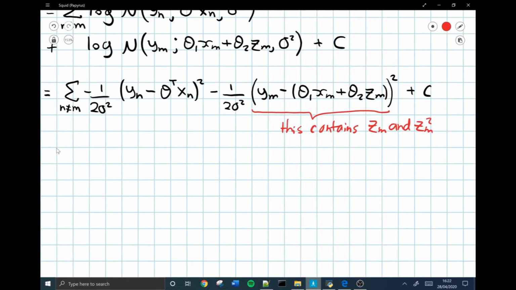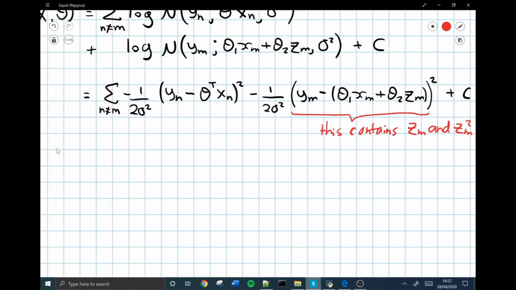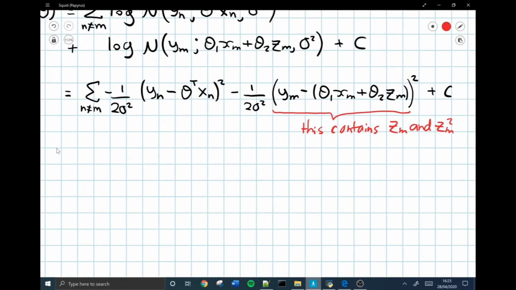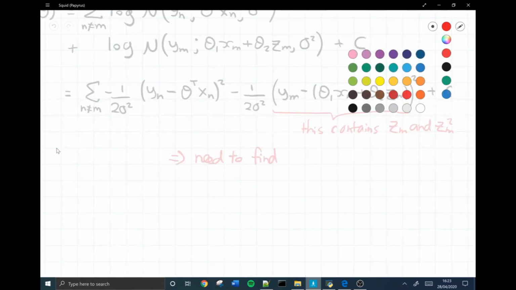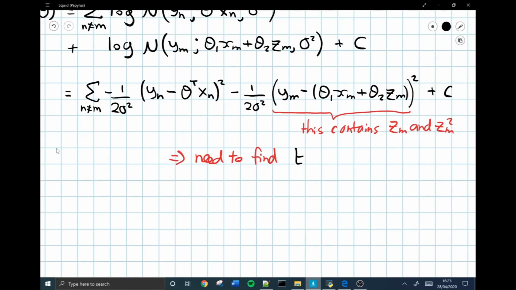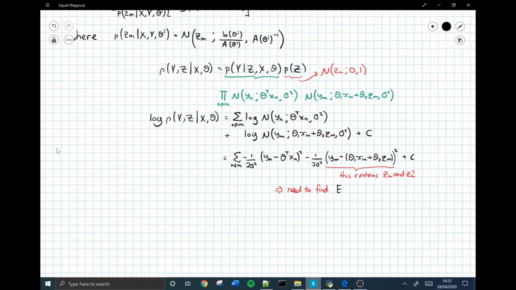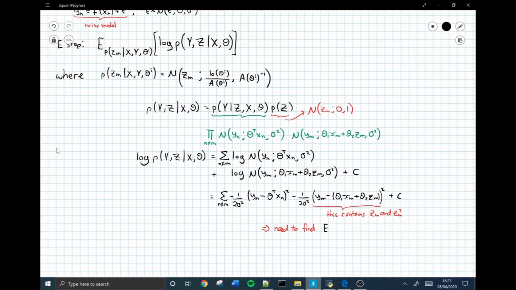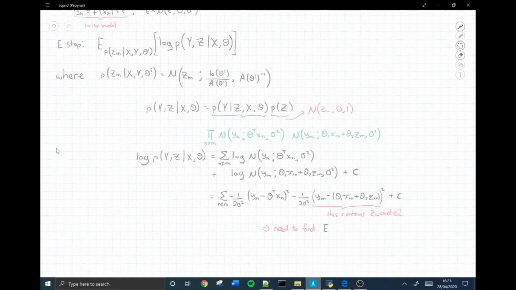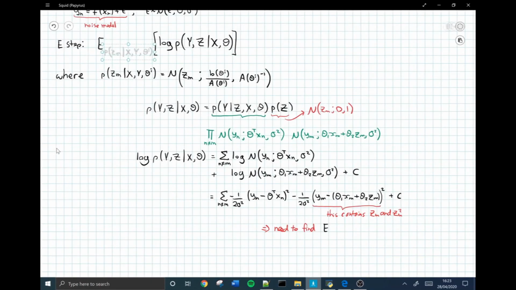So this implies that when we take the expectation of this expression with respect to the posterior over Zm, we need to find the expected value, again with respect to this posterior.